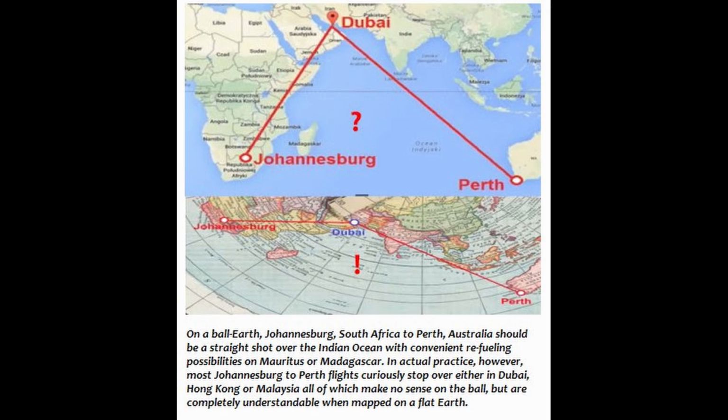This text down here talks about how there are convenient refueling possibilities on Mauritius or Madagascar. In actual practice, however, most Johannesburg to Perth flights curiously stop over either in Dubai, Hong Kong, or Malaysia, all of which make no sense on the ball, but are completely understandable when mapped on a flat Earth.